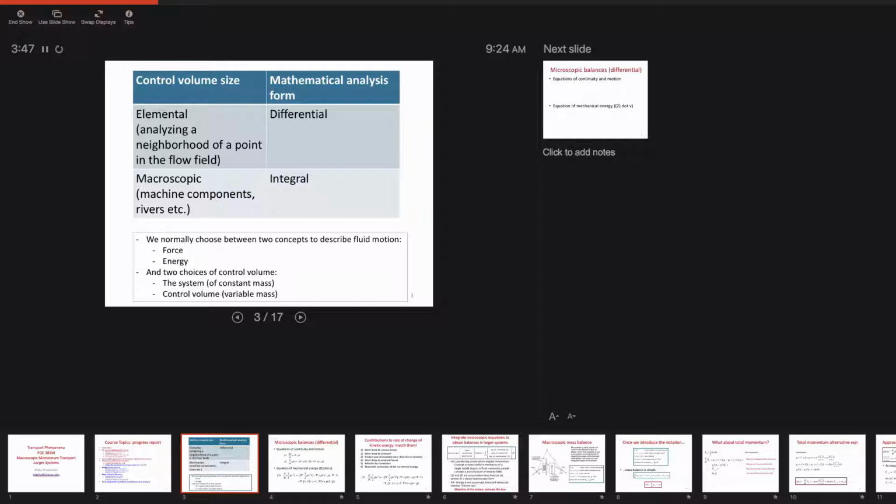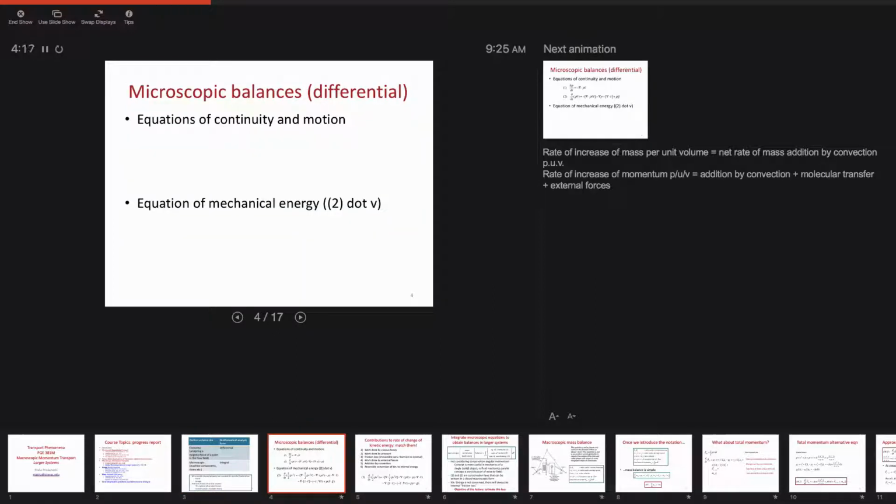So you can look at the system, which has constant mass, or you can have a control volume, as in fluid mechanics. You just look at the control volume, and mass is constantly going in and out. You're accounting for what is going through the boundaries, so the mass is variable and the volume is fixed.